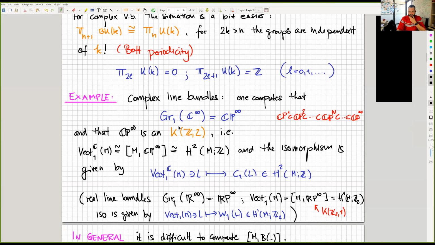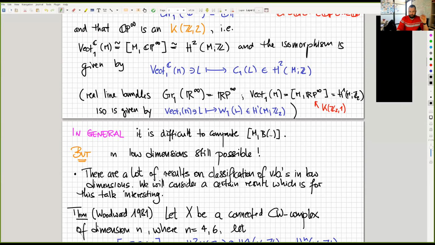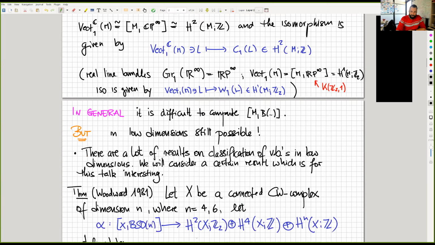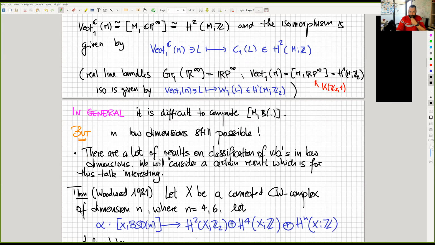Okay, but these are just the optimal cases, if you like, for this situation. Because in general, it's really difficult to compute these spaces for arbitrary manifolds and for arbitrary K and stuff like that. But as I already said in the abstract, in low dimensions it's quite feasible to do something like that.